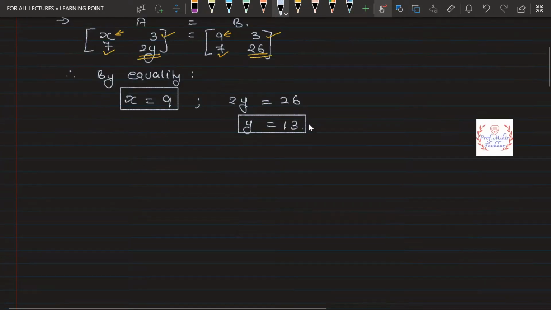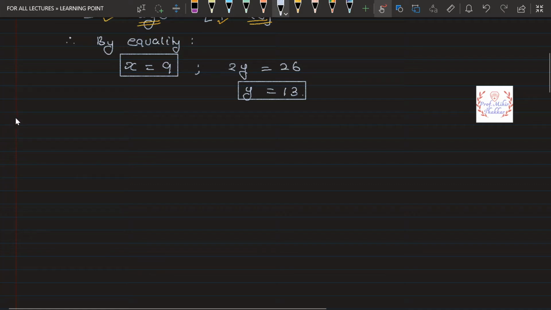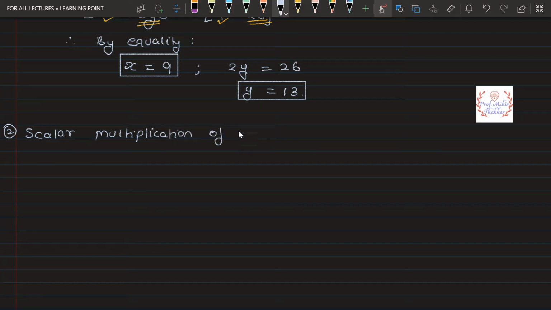After this, the next thing that we have to know is something called as scalar multiplication of a matrix.